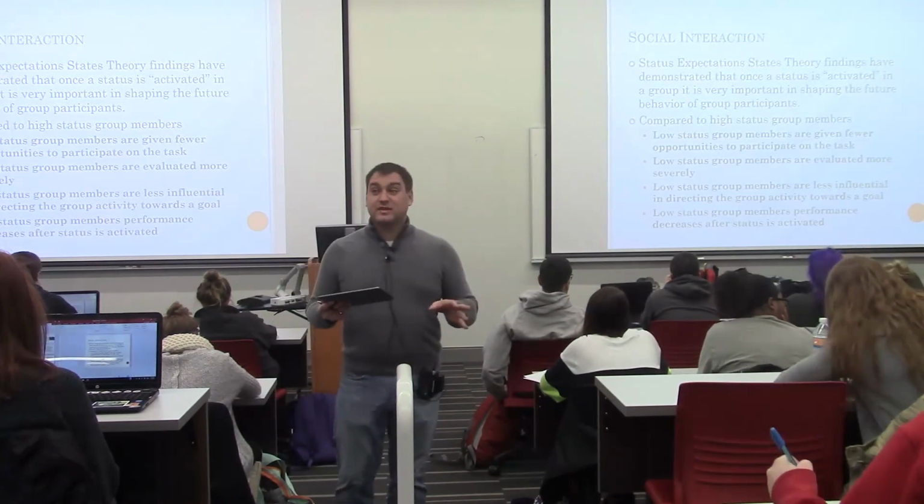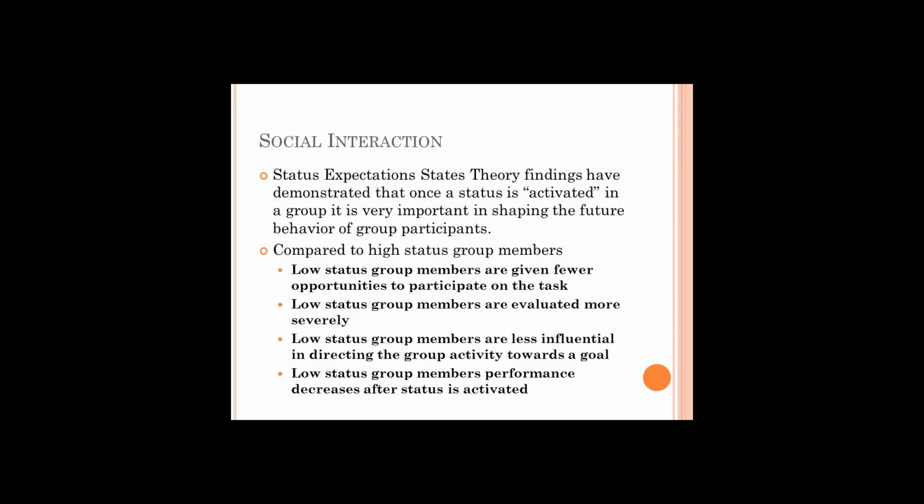And then, interestingly, over time, low status group members' performance actually decreases. So Berger started testing how well these different students could build puzzles on their own. They found that people have a random distribution of ability.